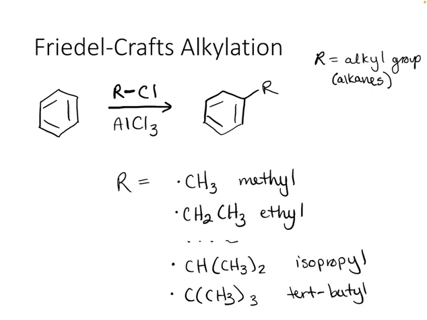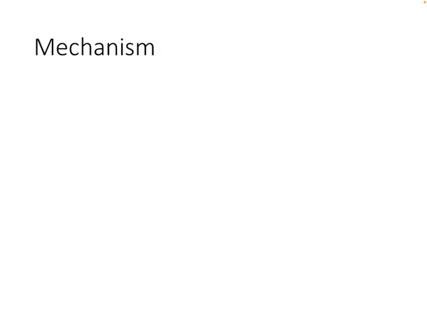All right, so let's look at the mechanism for Friedel-Crafts alkylation. So let's say we're trying to add a tert-butyl group to our benzene ring. So we'll start with our alkyl halide, and again, we're using that aluminum trichloride catalyst.